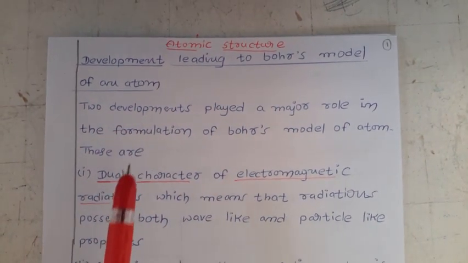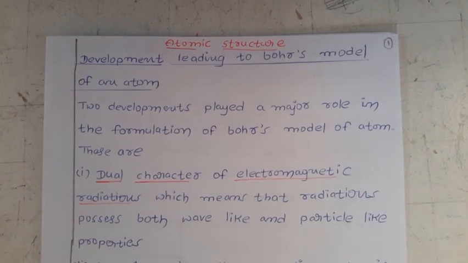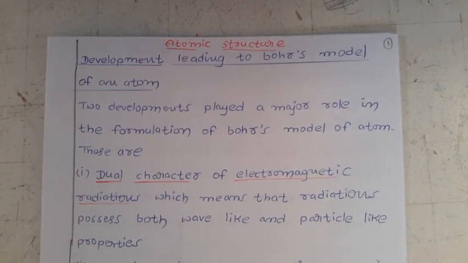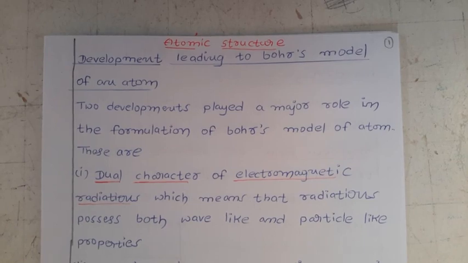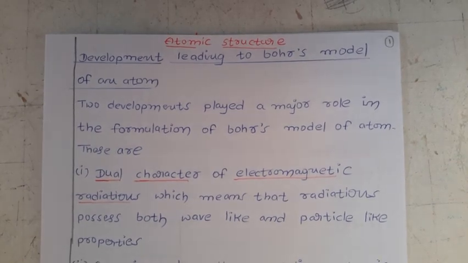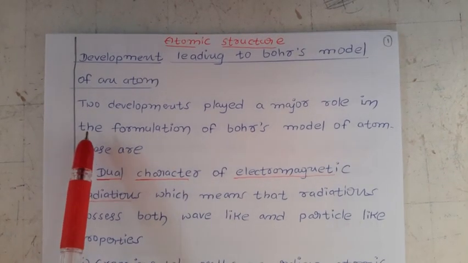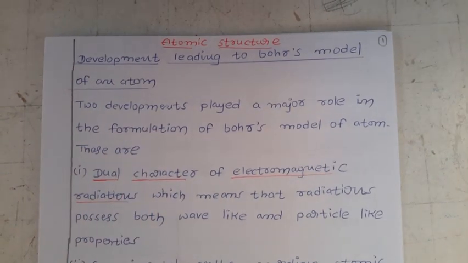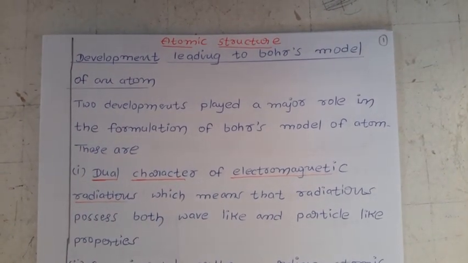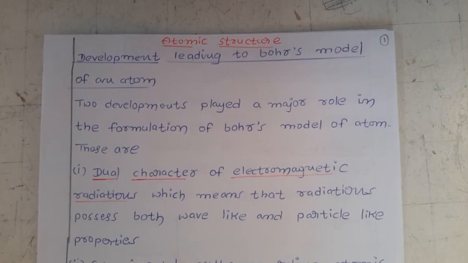Before going to discuss the Bohr model, there are some developments that went before. What are the developments that we will discuss first here? Two developments played a major role in the formulation of the Bohr model of an atom.